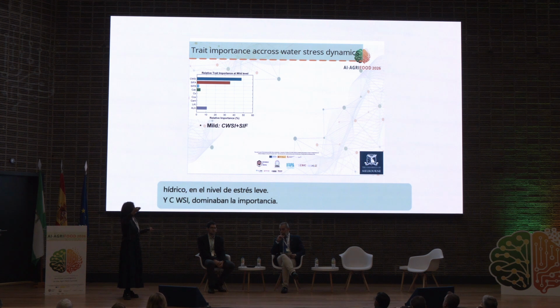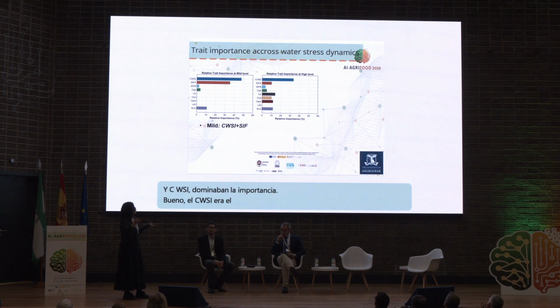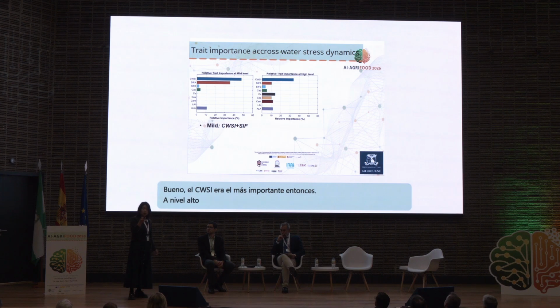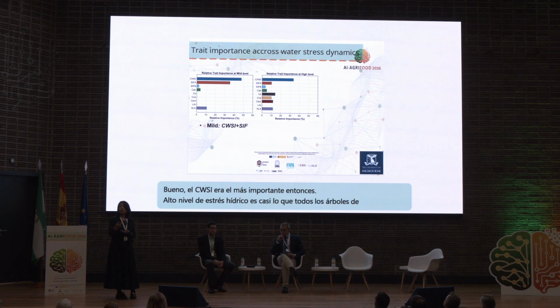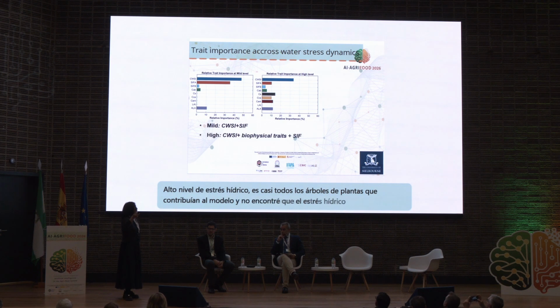Well, the CWSI was the most important one. Then at high-level water stress, almost all plant traits were contributing to the model to distinguish the water-stressed almond from the well-watered almond traits. Here, CWSI was still the number one trait.